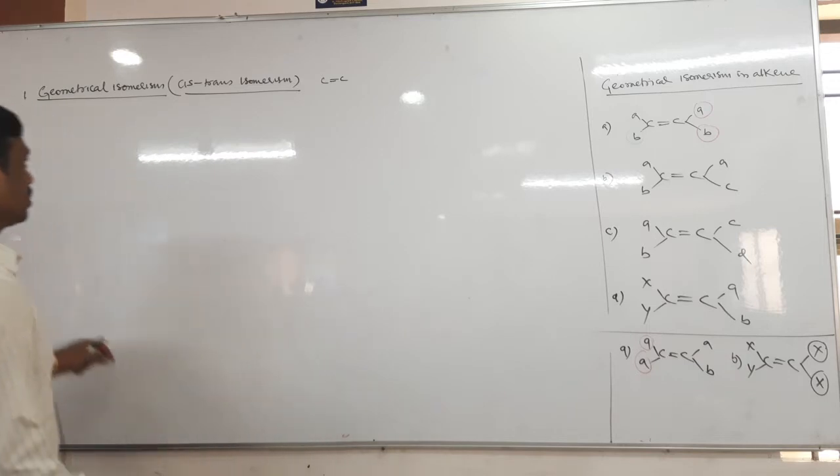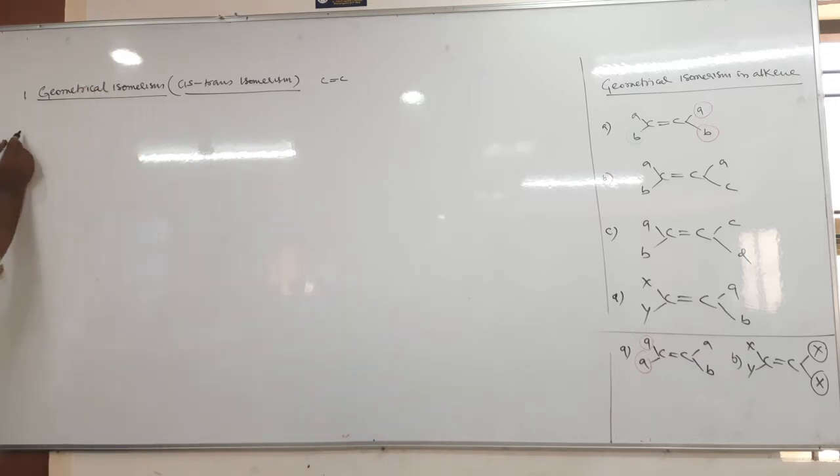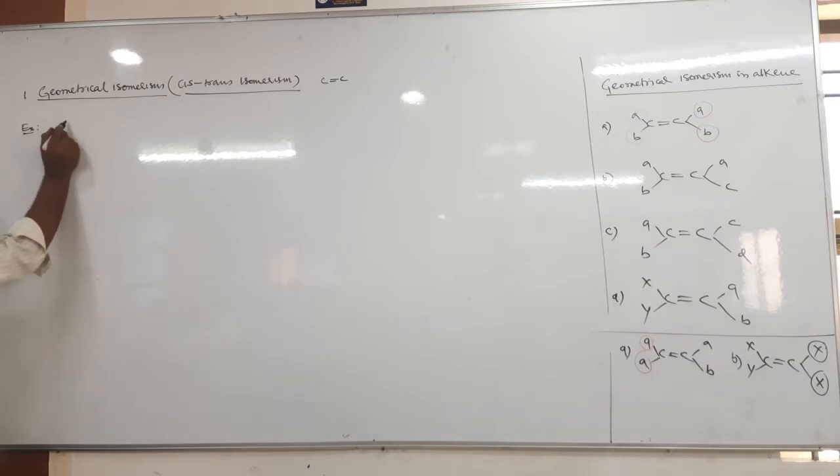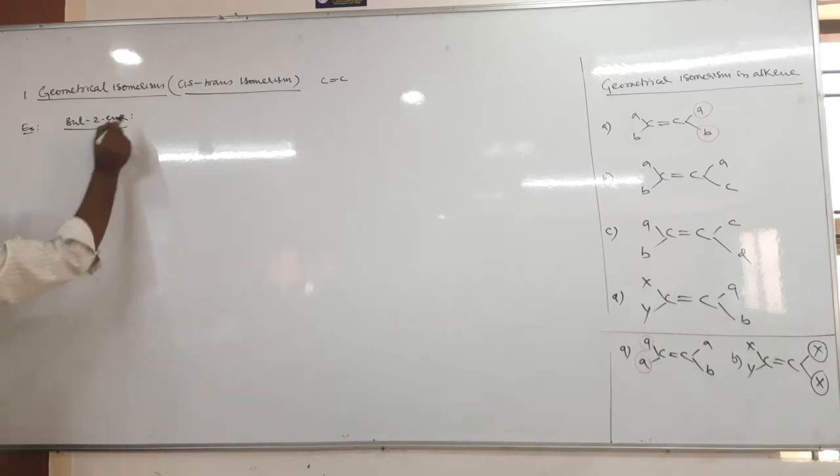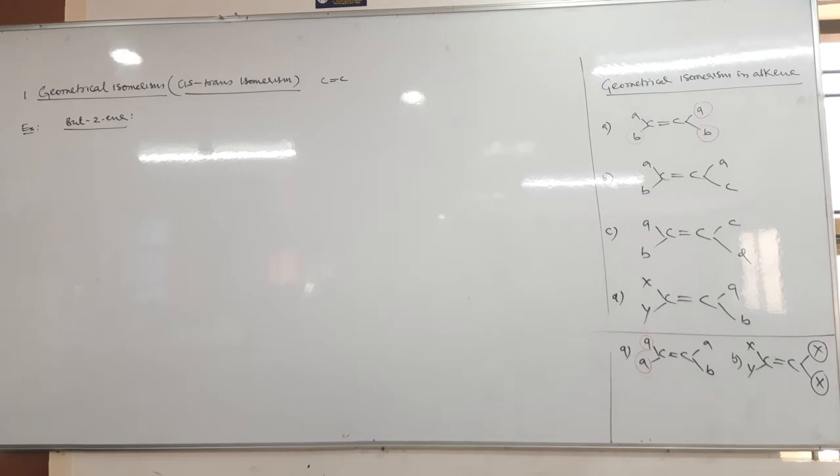Okay. Next example. Example 1. Butene. Tell me, butene, can it exhibit geometrical isomerism?